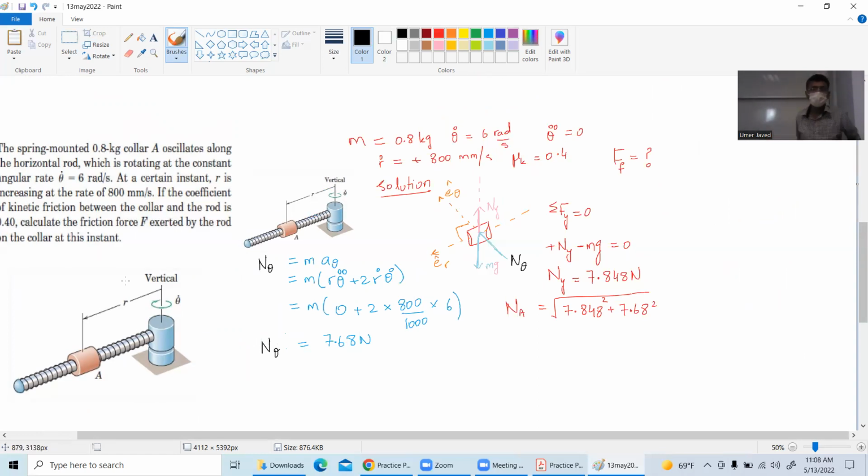So that's why I think his point was, why don't you use N theta? So now I have N theta because the M a theta is countered by the fact that the rod is touching it. That is the N theta. And the fact that the whole collar is resting on the rod, there is a weight and normal force, as you understand. So I have N y and I have N theta.